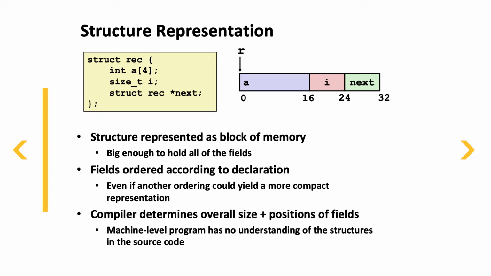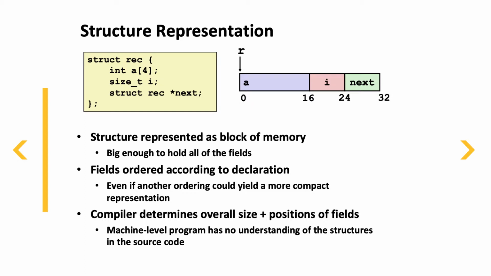Now, a structure, just like an array, is going to be represented as a block of memory that's big enough to hold all of the fields. Now, the thing we want to keep in mind, though, is, as in this example, the fields are always going to be ordered according to the declaration, even if another ordering would yield a better, more compact representation.